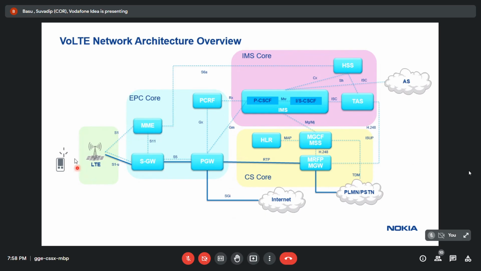Now let us examine these small notations here very, very carefully. Here we have the mobile station, or what you call a handset, right?